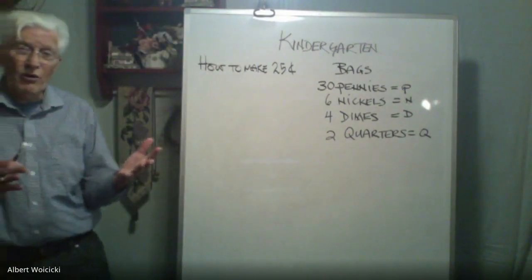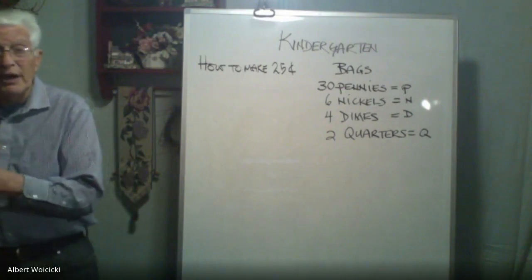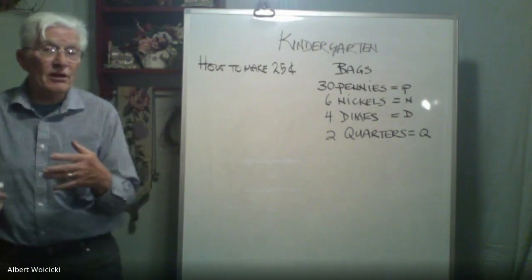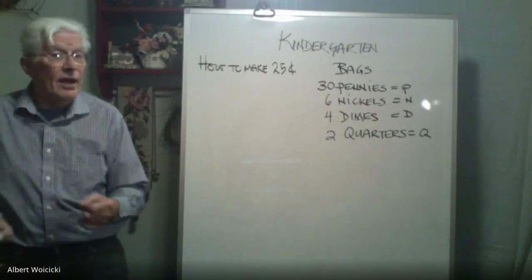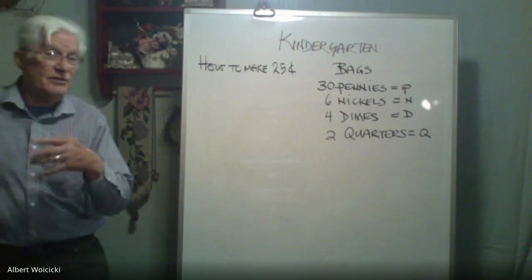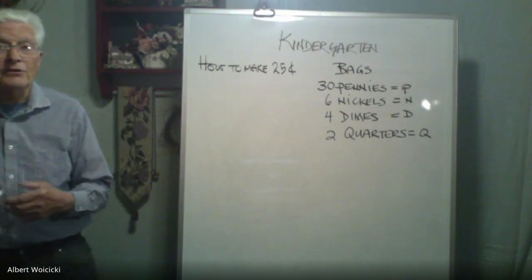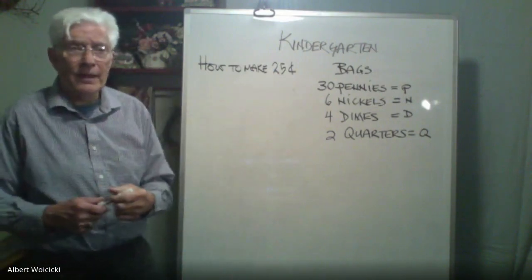Before we were adding things together, we had all the numbers, 1 plus 1 plus 1 plus 1. Now we're going to do something a little bit easier. And I think this is a lot of fun, and hopefully your students will like this, because it's easier to write. So we got those 30 pennies in the bag.